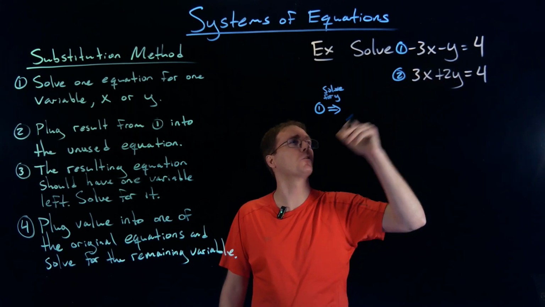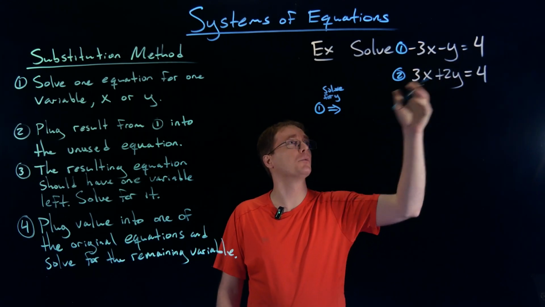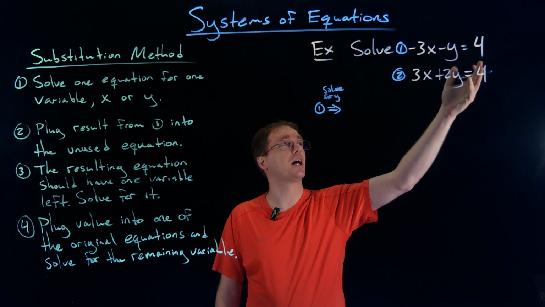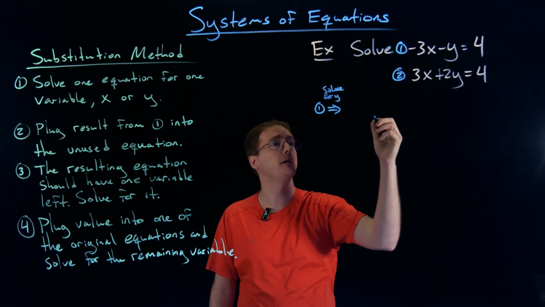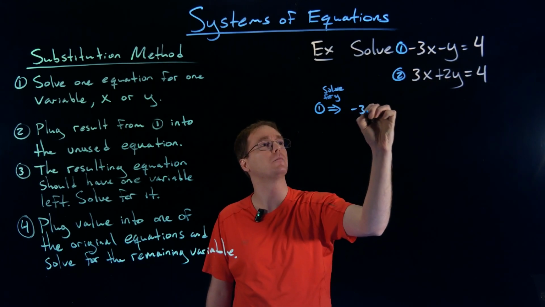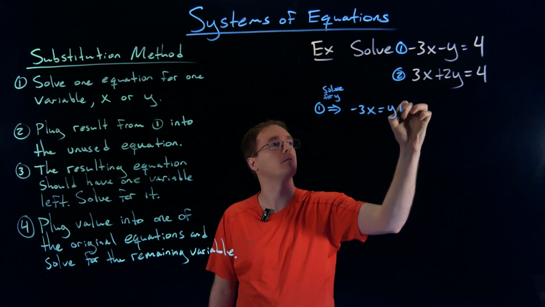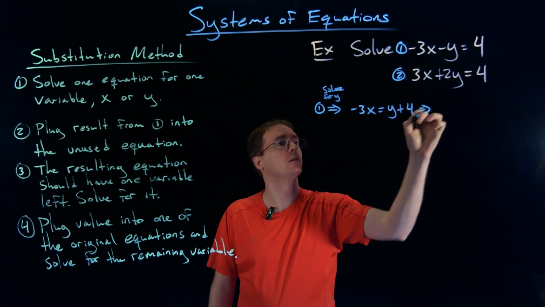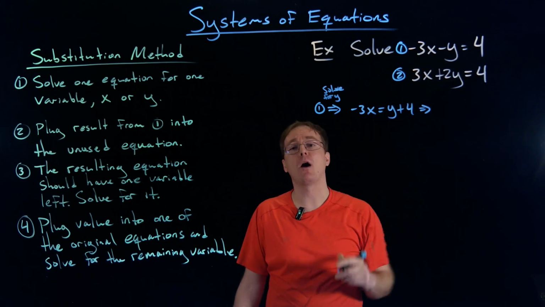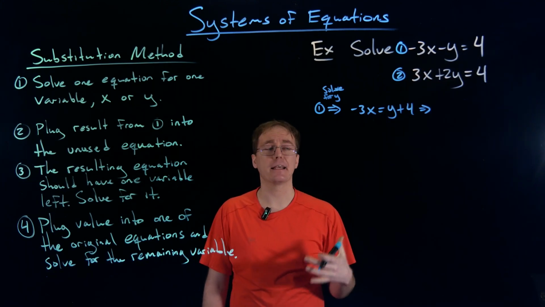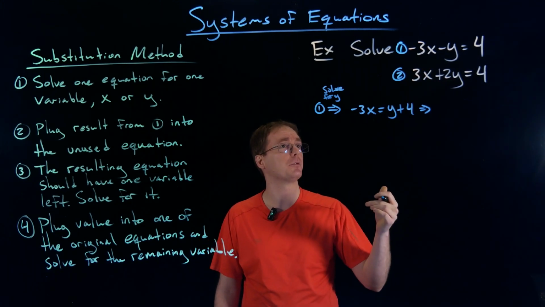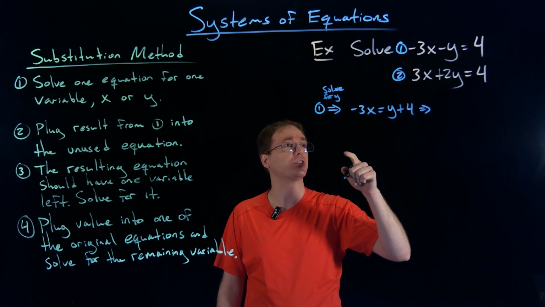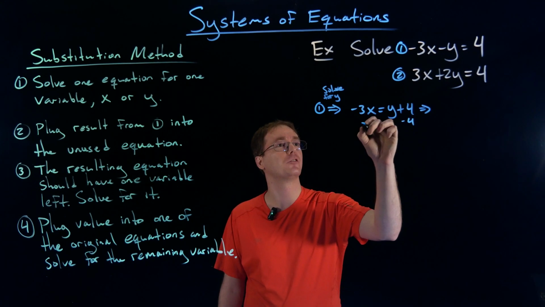If we want to solve for y in equation 1, we have to add y to each side and then subtract 4 from each side. Initially, if I add y to each side, our equation will look like negative 3x equals y plus 4. But then to get y by itself, we have to subtract 4 from each side.